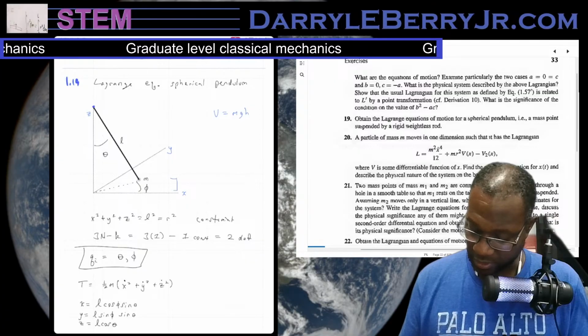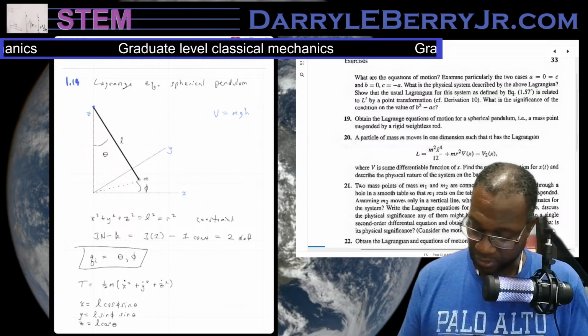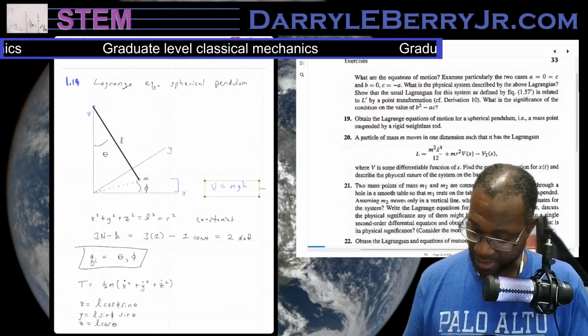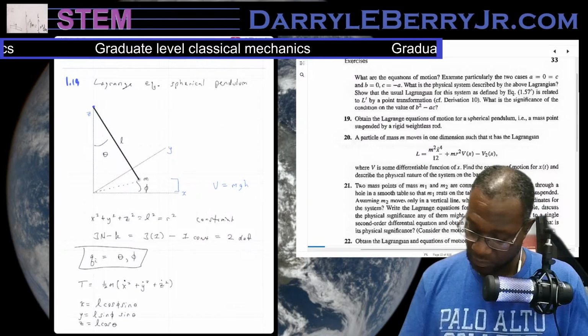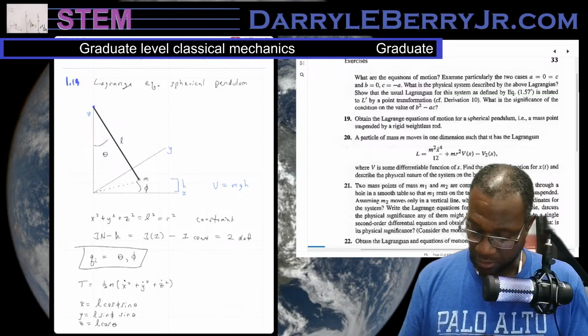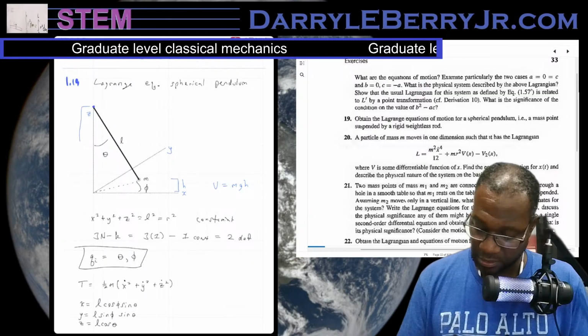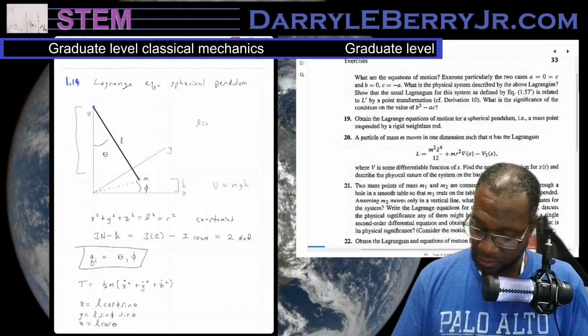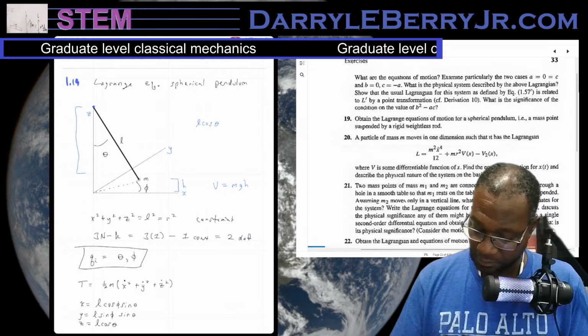What we need to do now is put h in terms of the variables that we have. This is h. Looking at this, we can see that this distance here is going to be L cosine theta.